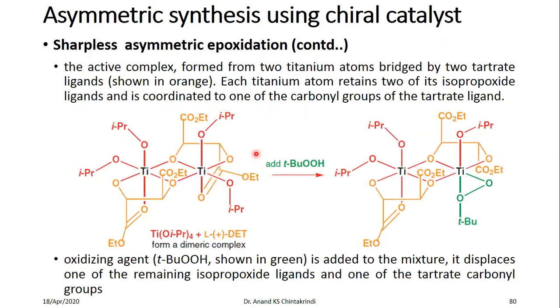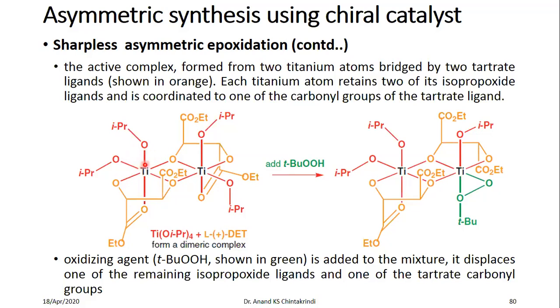Now, this may look slightly complex here, but if you look at it closely, it is very simple. What is happening in this active complex? It is a dimer complex of this titanium isopropoxide. See, the red bonds are the bonds of the isopropoxide.